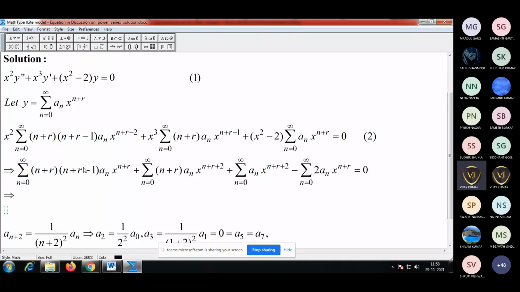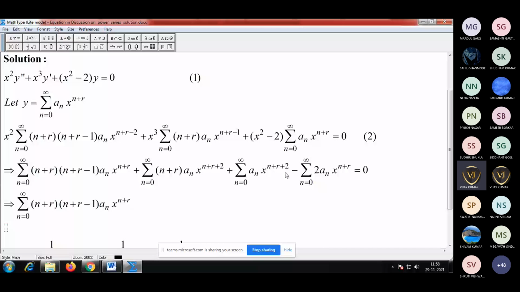So when we combine first and last, a n is common, n plus r is common. So here minus 2 becomes minus 2 a n x to the power n plus r.